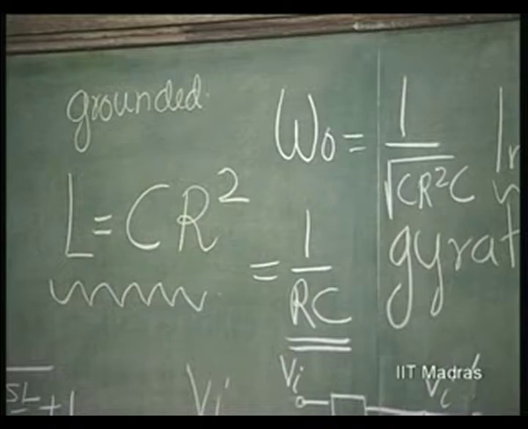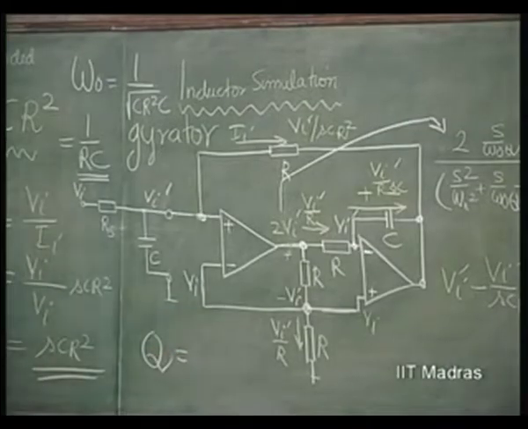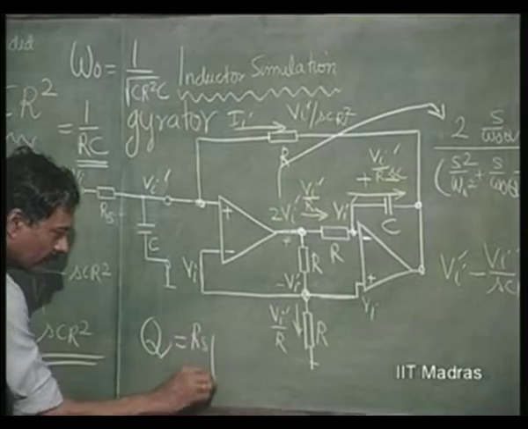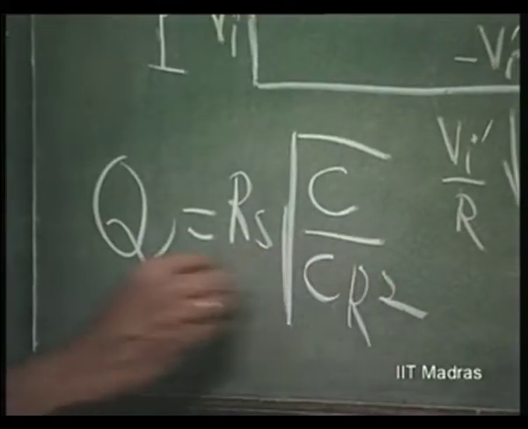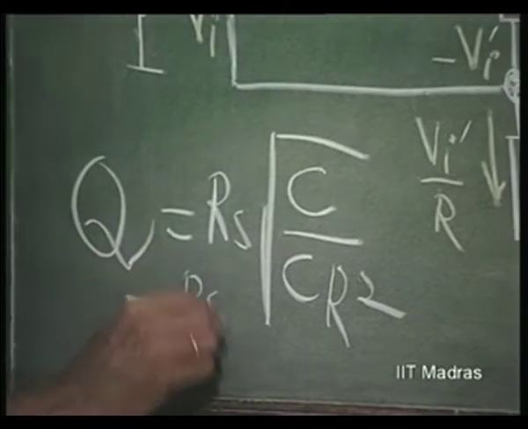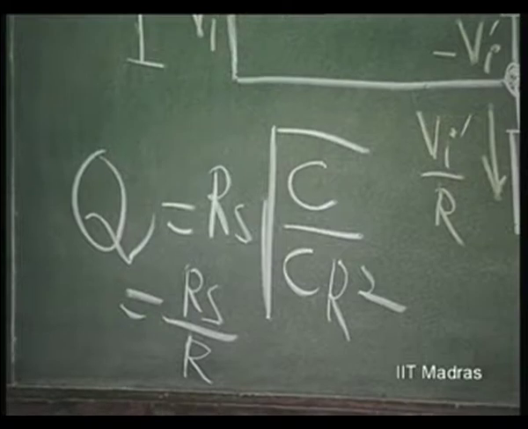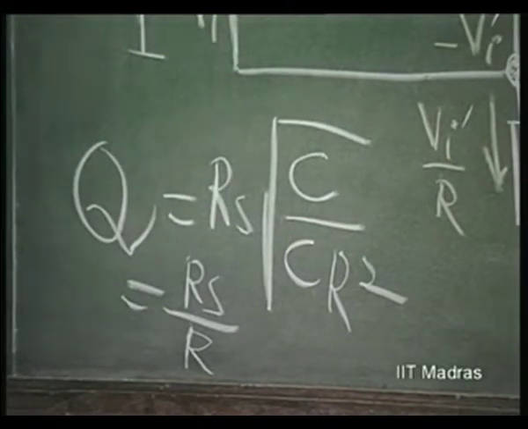Next, we would like to know what Q is. Q is given by RS into root of C by L, which is C into R squared, which is nothing but RS by R. So, this is a very simple design.